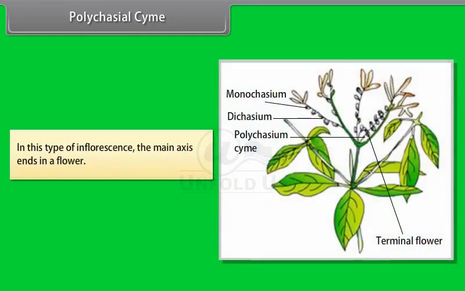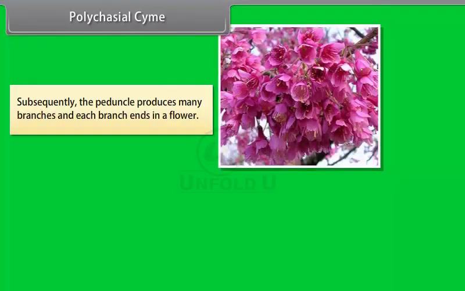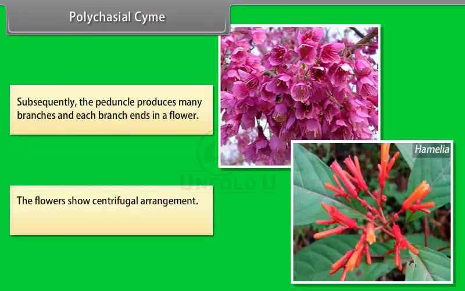In this type of inflorescence, the main axis ends in a flower. Subsequently, the peduncle produces many branches and each branch ends in a flower. The flowers show centrifugal arrangement. Example, Hamelia.